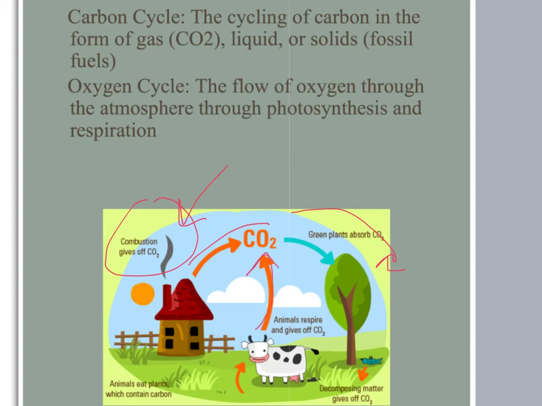Also animals, when we breathe out, we're animals, we give off carbon. So we need these trees, because the trees are going to take in all that carbon dioxide, and I know that they give us oxygen. So there's a carbon cycle and there's a separate oxygen cycle. These two cycles are completely dependent upon each other.